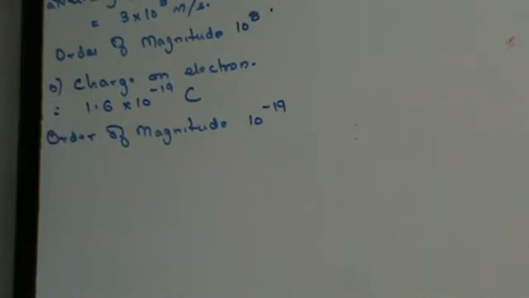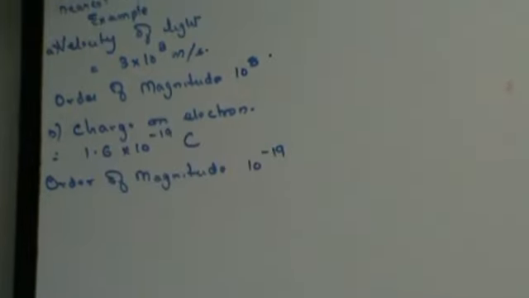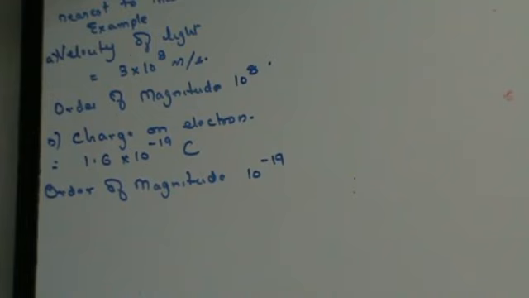So the order of magnitude is defined as the power of 10 which is nearest to the number. A positive index of 10 indicates that the given quantity is very large. A negative power of 10 indicates that the quantity is very, very small. Do we understand what is order of magnitude?